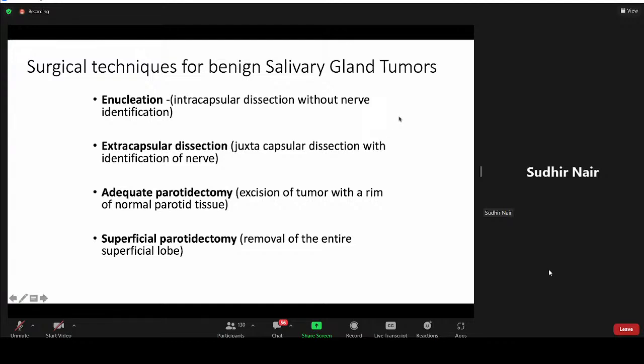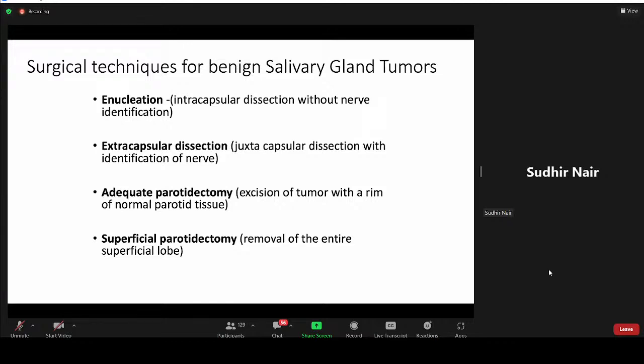And if a pleomorphic adenoma is in the deep lobe of the parotid, you have to do a total parotidectomy, because to reach the deep lobe you need to remove the superficial lobe, identify and meticulously dissect the facial nerves, preserve them, and then remove the deep lobe. So that's the traditional teaching. With adequate parotidectomy, we can add a layer of complexity, which is scientifically valid and correct.